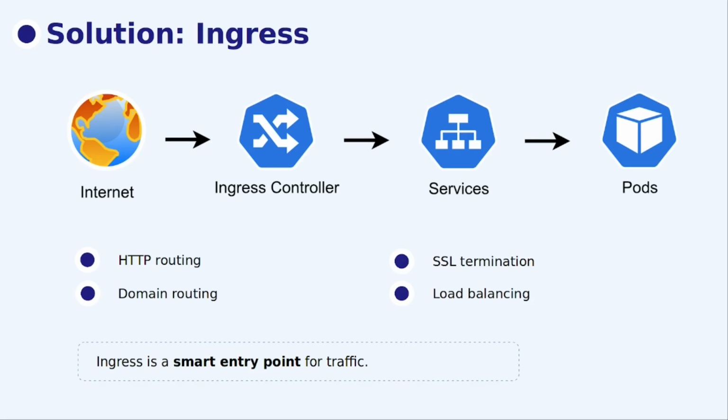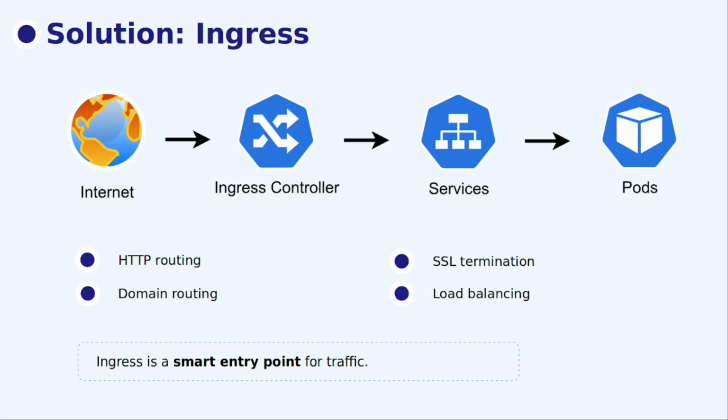Solution: Ingress. To solve this problem, Kubernetes introduced a powerful concept called Ingress. Ingress acts as the main entry point for external traffic. You can think of it as a smart traffic router sitting at the edge of the cluster.